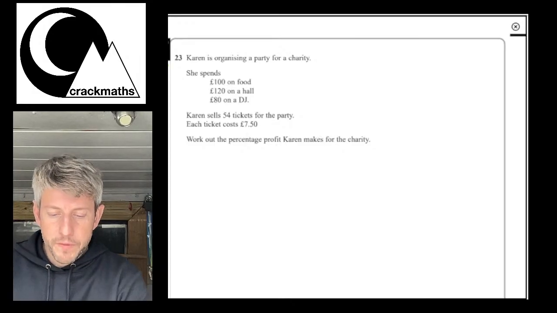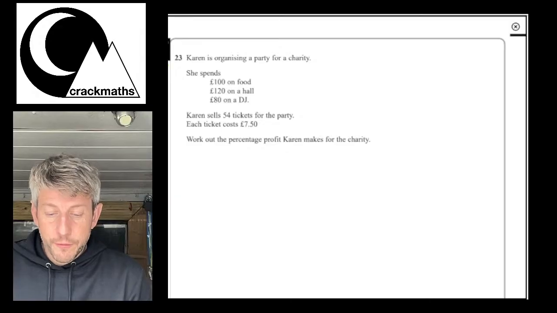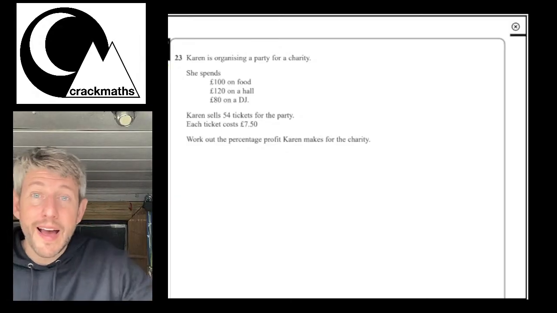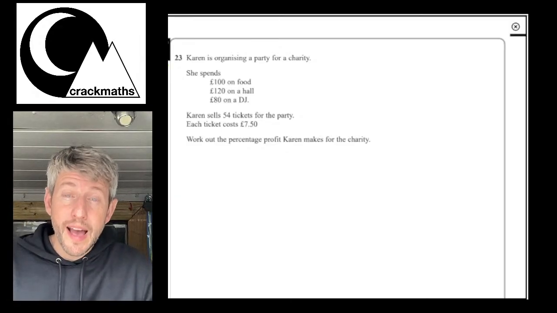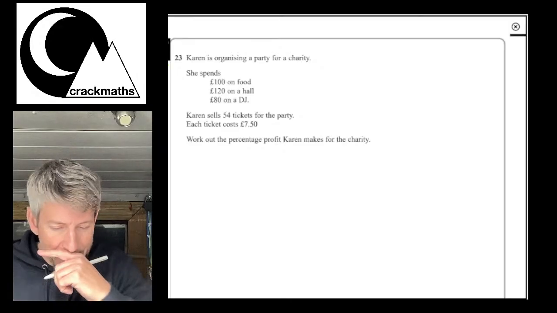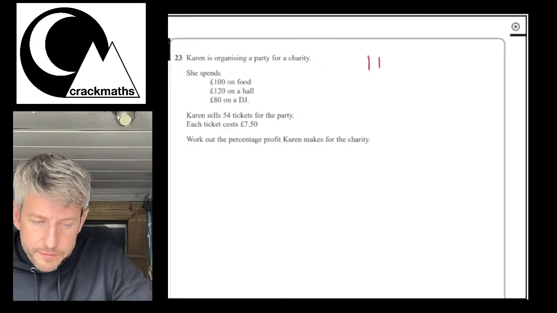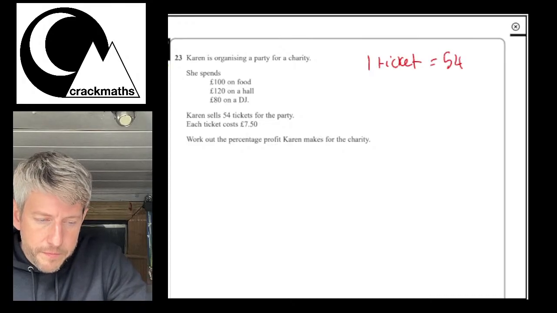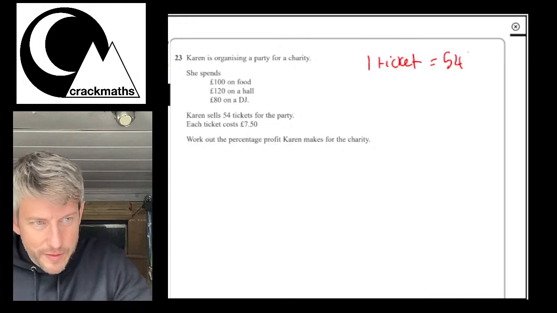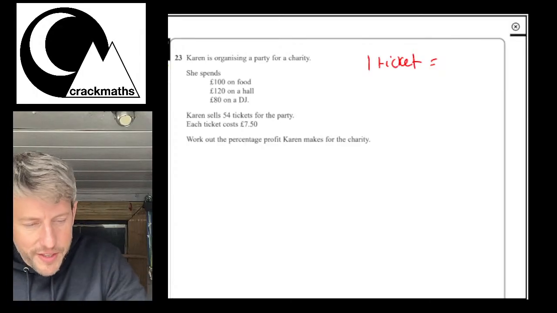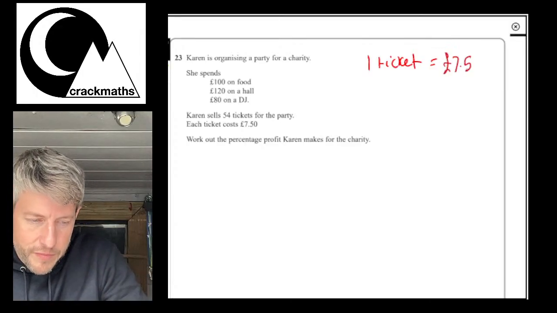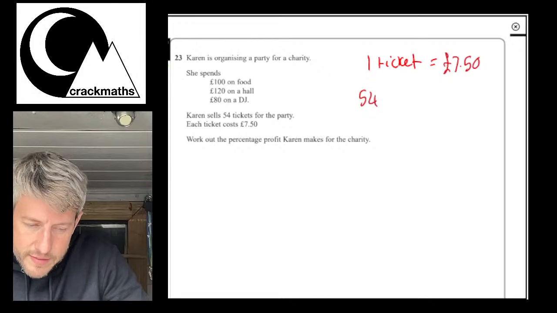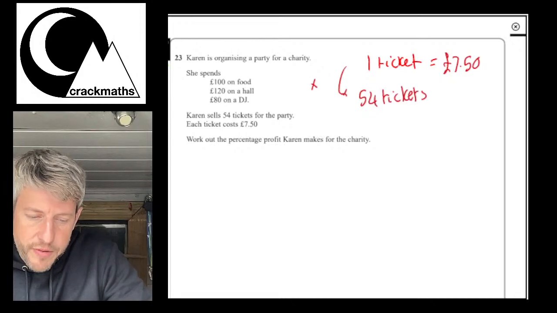Okay, right, so let's have a think. First of all, let's find out how much she makes and how much it costs her. If one ticket equals £7.50, we want 54 tickets. So we're simply multiplying this by 54.